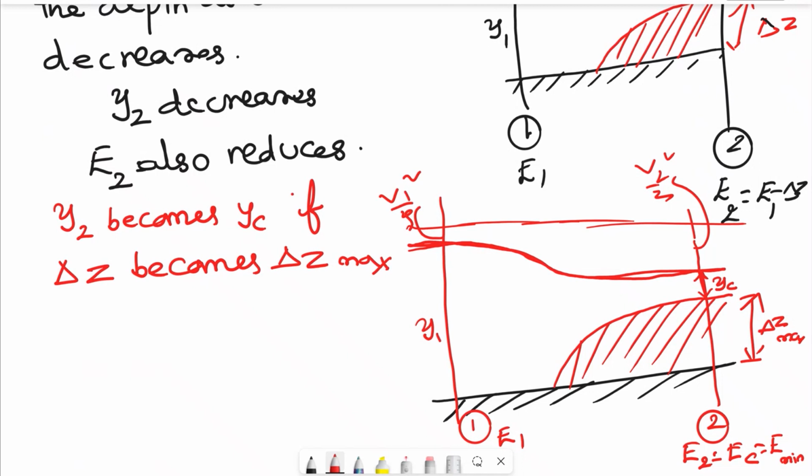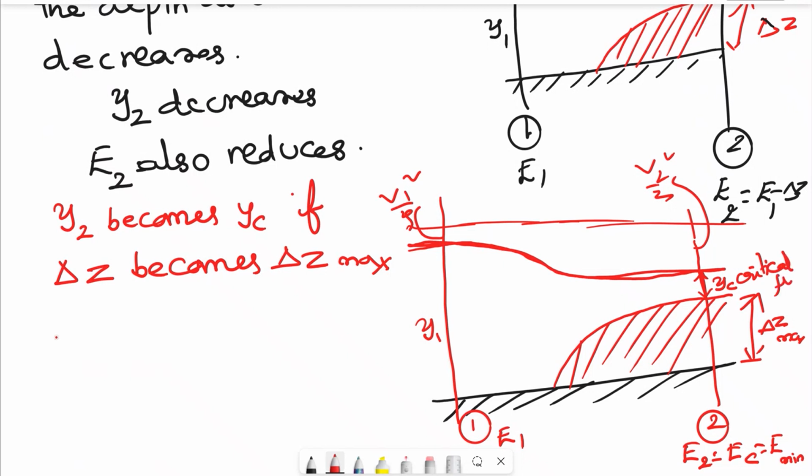Generally in the case of a raised floor, our objective is to create critical flow conditions. Normally in any problem, they will ask what is the maximum height of the hump. The maximum height of the hump is such that the flow over the hump is critical flow. This is the point I want to emphasize.